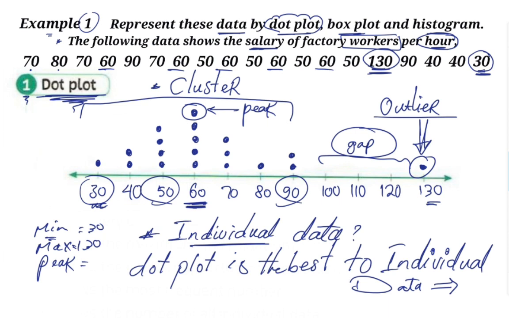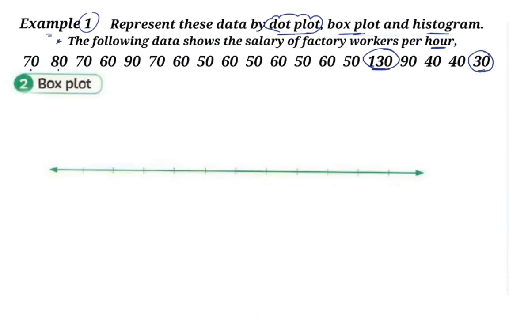But if you have to draw a box plot now, let's try to solve this problem using a box plot. For a box plot, I have 5 summary numbers. Don't forget it. We have to find the minimum, maximum, and median, and lower quartile, right?